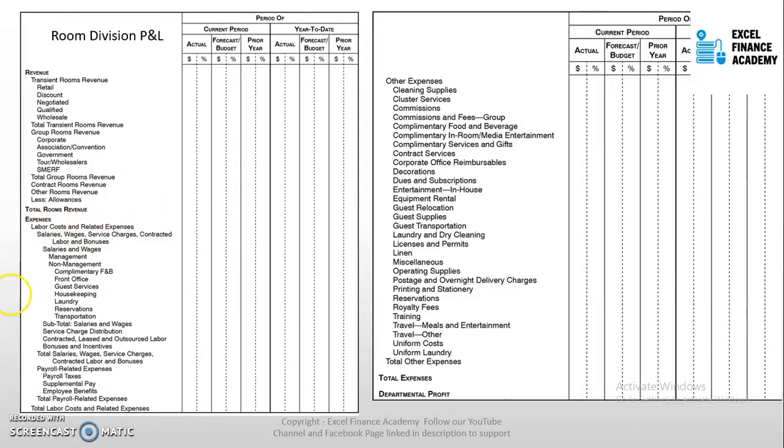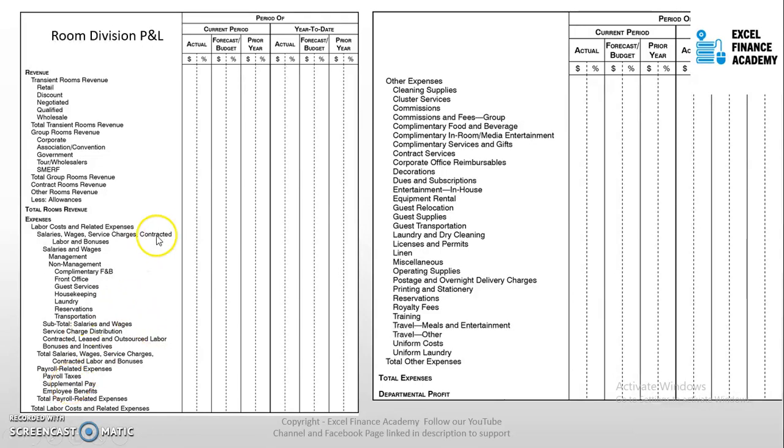And then you have expenses, which are divided into labor and non-labor expenses. Labor is further divided into management and non-management. For each operating department within the rooms division, and for the other P&Ls as well, the structure is the same. Non-management is further divided into operations of each division, and then service charge, bonus, incentive, and payroll taxes.